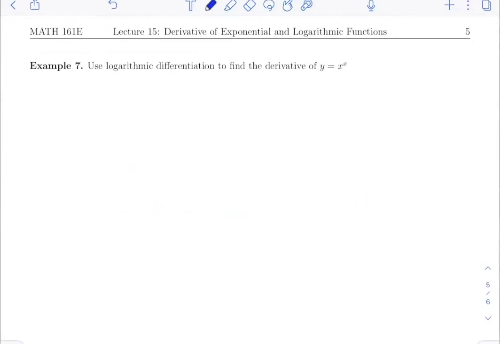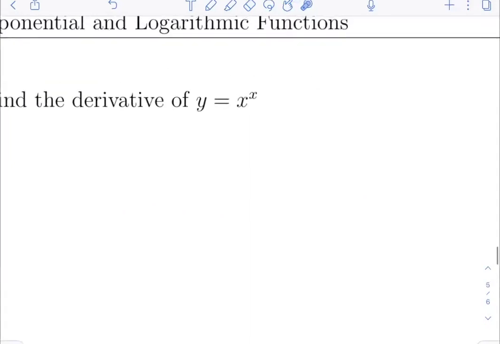As you remember, earlier I mentioned that we will deal with a function that is neither a power function nor an exponential function. So this is the type of function that we have to deal with.